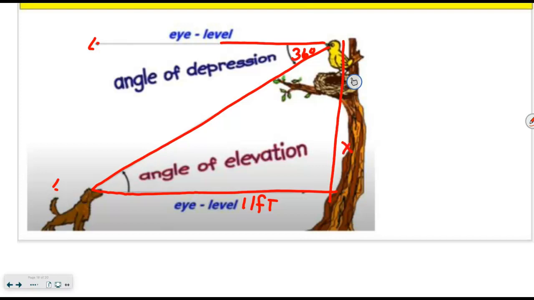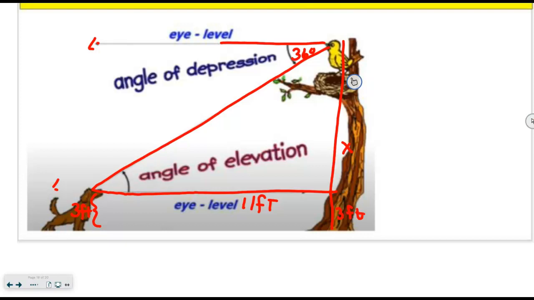Okay, so I'm going to put a little X up here, but notice in order for me to get it, I really have to go down to the ground level and see what the dog's height is, or the eyeball level, which would be 3. So whatever I get over there for X, I'm going to have to add 3 to it to get the height of the tree. Well, here's my right triangle.